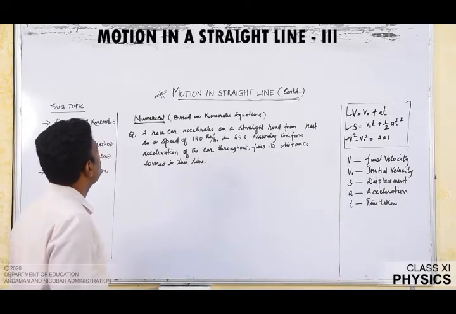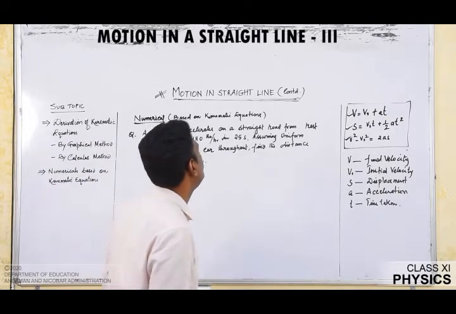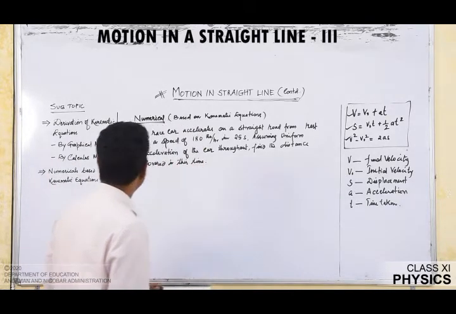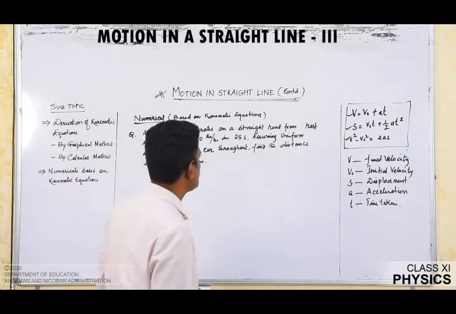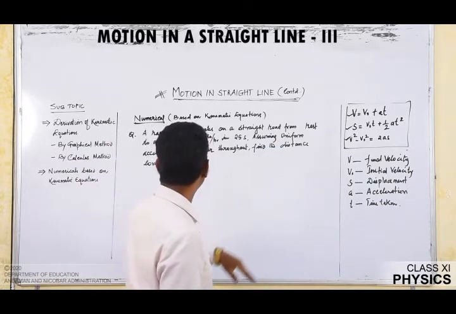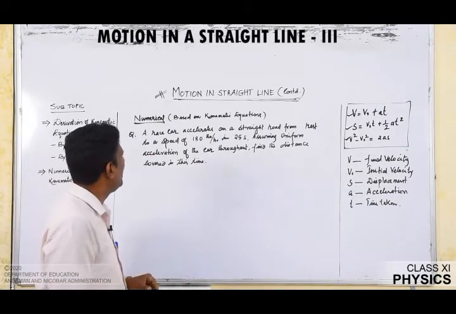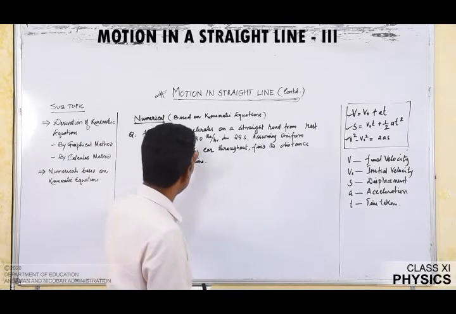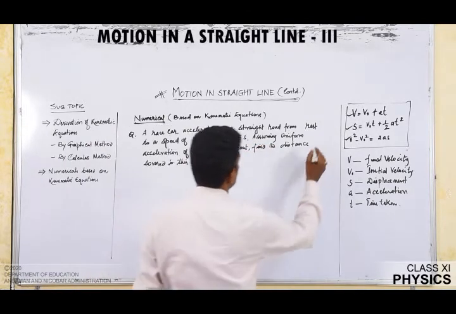The question is, a race car accelerates on a straight road from rest to a speed of 180 km per hour in 25 seconds. Assuming uniform acceleration of the car throughout, find the distance covered in this time. From the question we can get that a car accelerates on a straight road from rest.